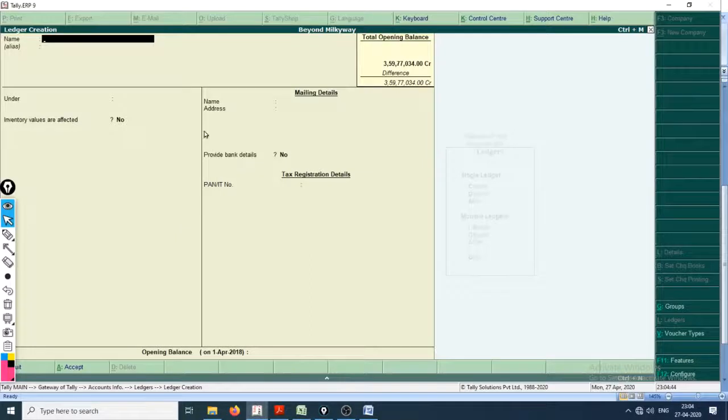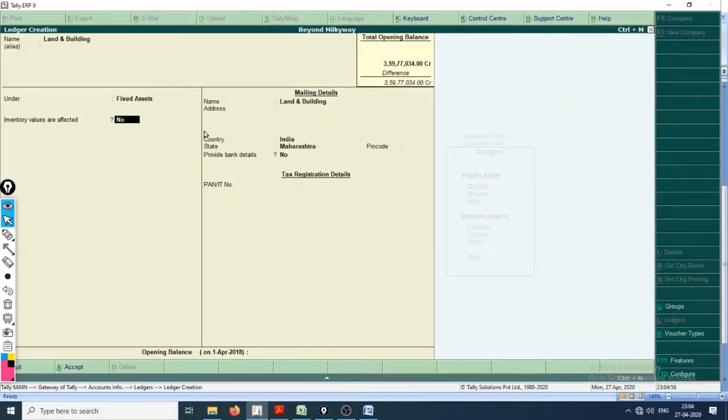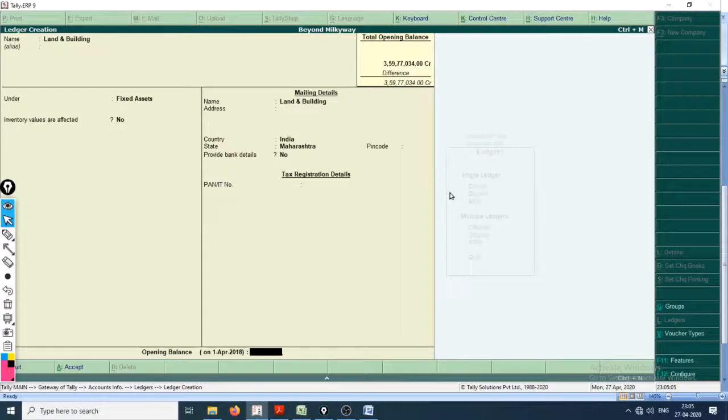Land and building is a fixed asset. So this company looks pretty rich, and you should be rich, so why not? Fixed asset, and what's the amount of fixed asset? 50 85 410.